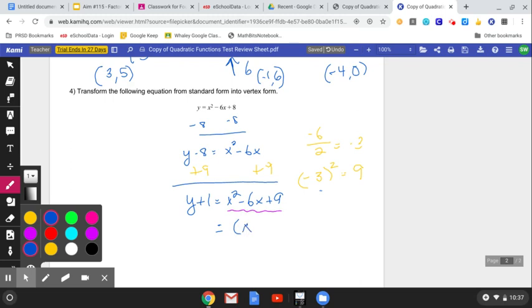So (x minus 3) squared is going to be my factors. Then I just bring my 1 back over to the other side. y equals (x minus 3) squared minus 1. That's vertex form. And if someone said, what is the vertex? I'd tell them the vertex is positive 3, negative 1.